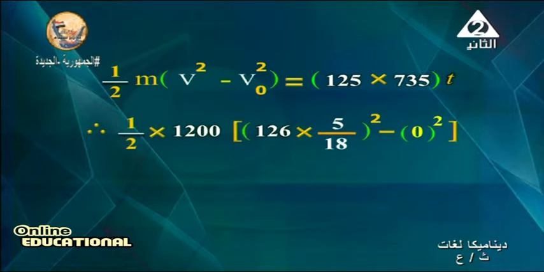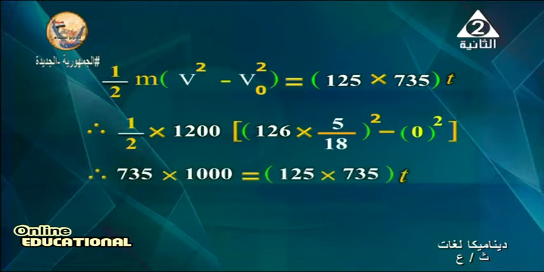The mass of the car equals 1200 kilograms. Then half times 1200 times the velocity, (126 times 5 over 18) all to the power 2. 126 times 5 over 18 because the velocity is now in meters per second, minus the initial velocity which equals 0 because the car moves from rest, equals the work which equals 125 times 735 t.